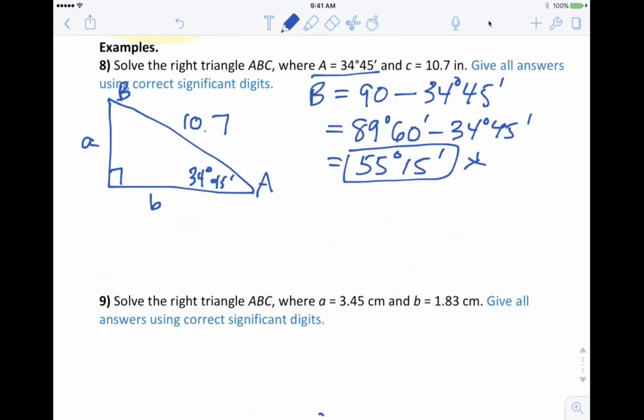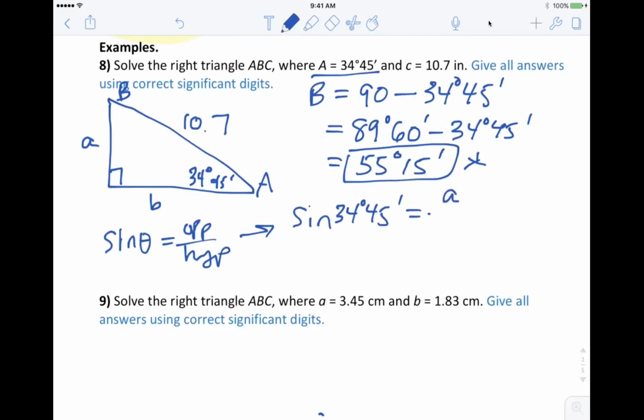Let's write it down here. Sine theta is opposite over hypotenuse. Okay, and we're going to plug some things in. So it's the sine of 34 degrees 45 minutes equals opposite is unknown, hypotenuse 10.7.